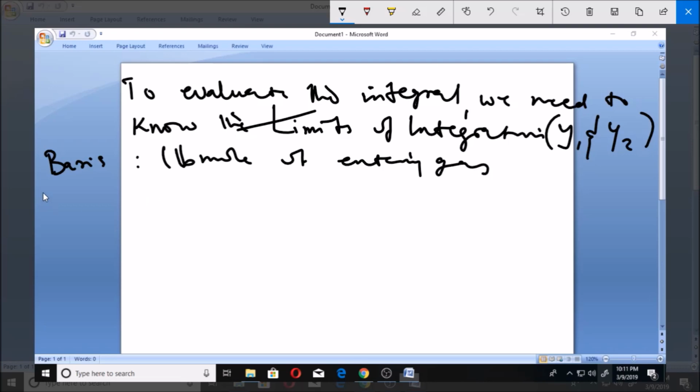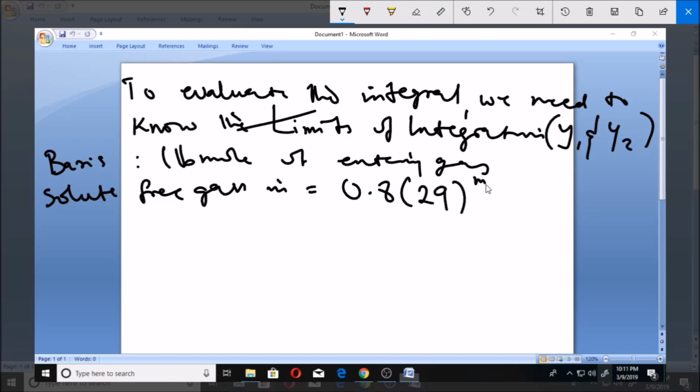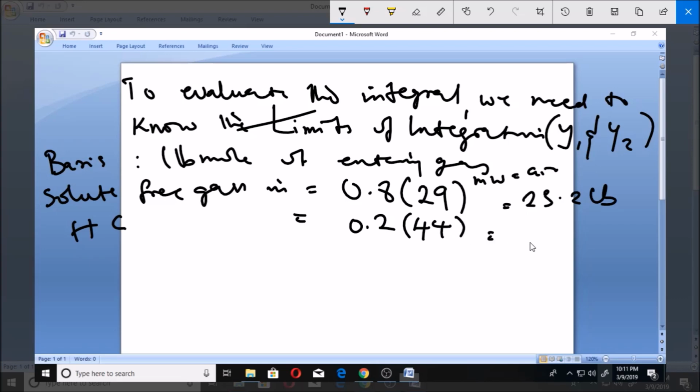So the solute free gas in is 0.8 times 29, where 29 is the molecular weight of air, which gives us 23.2 pounds. The hydrocarbon is 20%, so 0.2, since the basis is 1, and 1 minus 0.2 gave us 0.8. For the hydrocarbon, we have 0.2 times 44, which gives us 8.8 pounds.